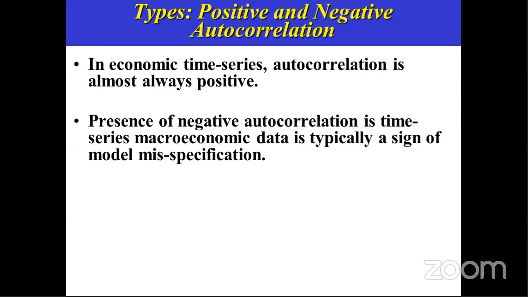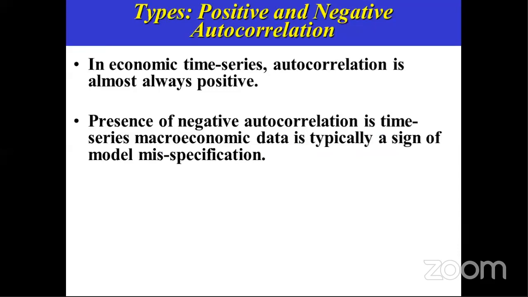So hence our discussion, even in the literature, dealing with the problem of autocorrelation is not related to negative autocorrelation. It is only related to positive autocorrelation. That's why earlier I told you that in most cases our discussion related to autocorrelation is related to only time series data rather than cross-sectional data.